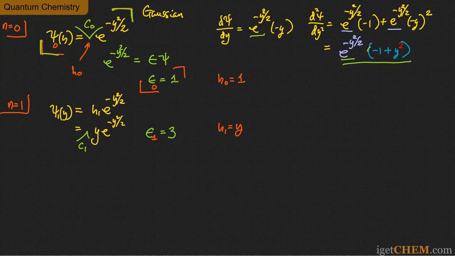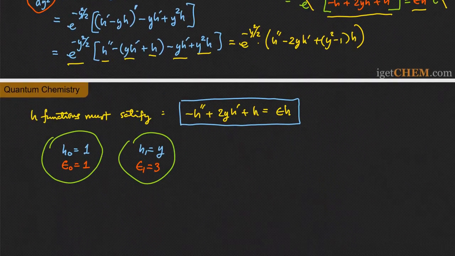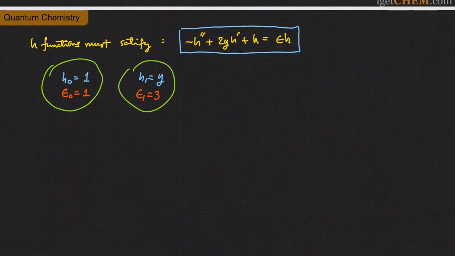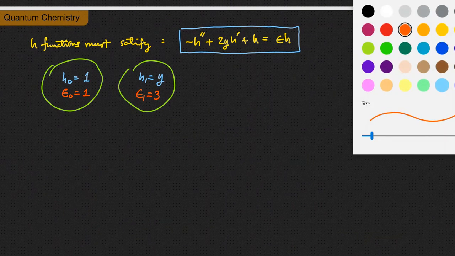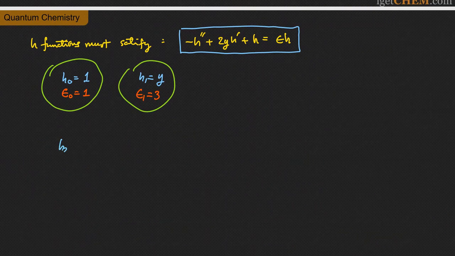So now that you've figured out the first two, you can see if you can figure out the next one. Since h0 is 1 and h1 is y, it's not too difficult to imagine maybe the next one is going to be perhaps a y squared. So let's see if we can do h2 equals y squared.